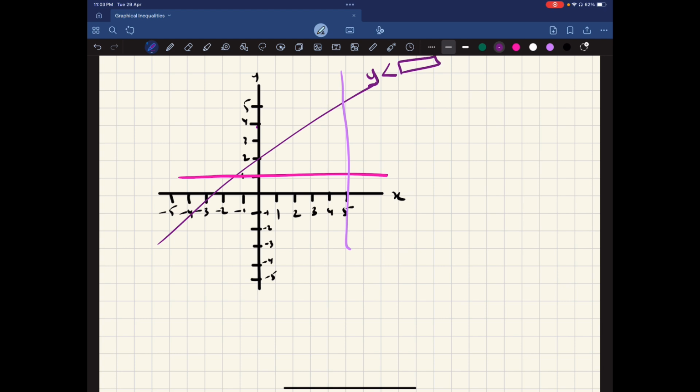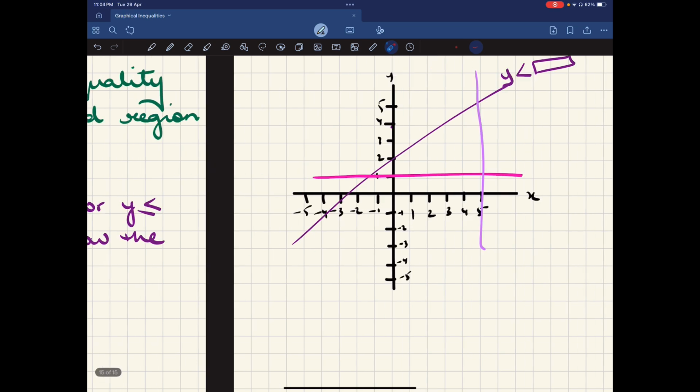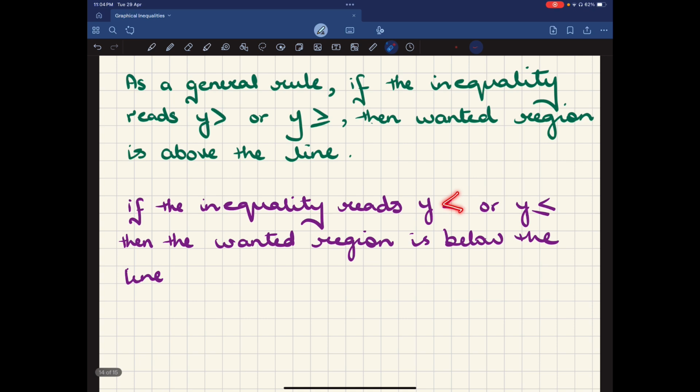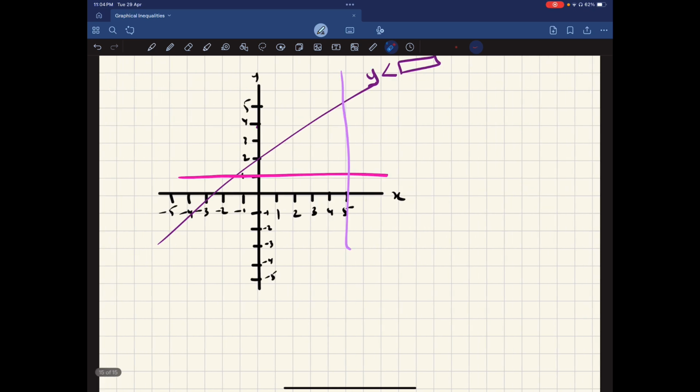Since you have a less than sign, the wanted region is below the line, okay? So if you have a less than or equal to sign, then the required or wanted region is below the line. So what region are you going to shade? The unwanted region is going to be above the line, okay?